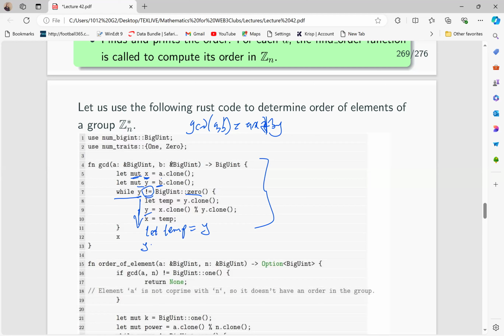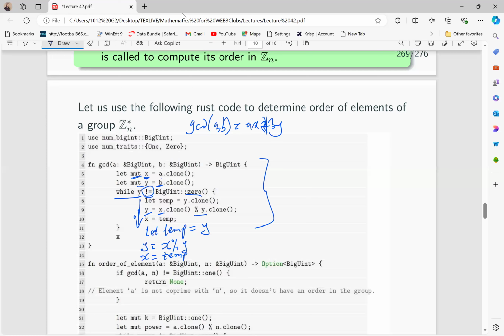Y will now be the remainder of X on division by Y. That's how we write it. So Y becomes the remainder of X on division by Y. What about X? X becomes the temp. What was temporary becomes X. And I had shown this example earlier. That's how we find the GCD of two numbers.